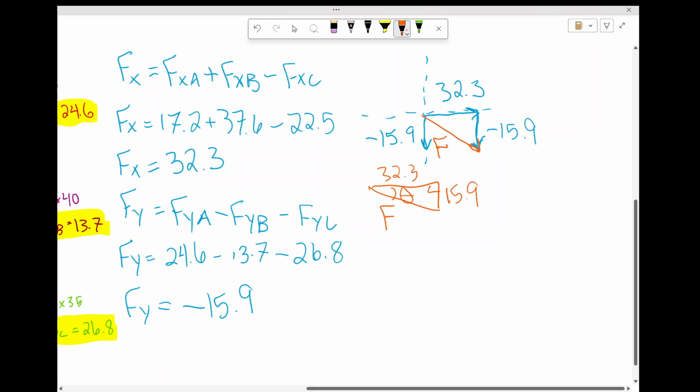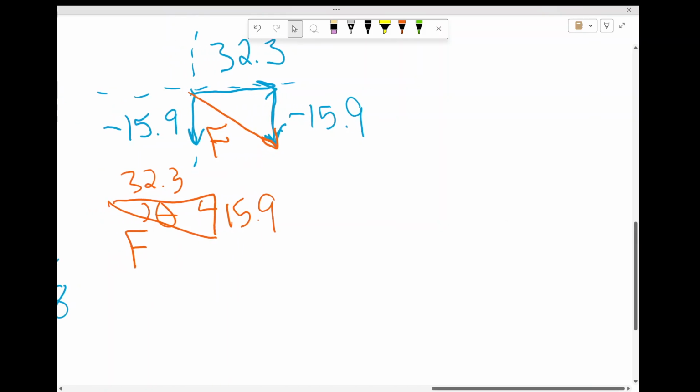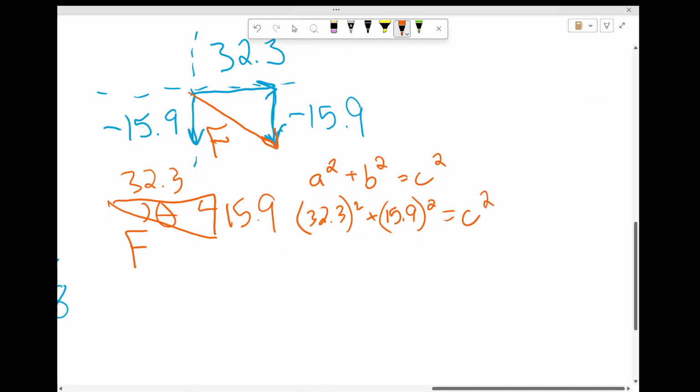So we need to do two things. We need to figure out the actual value of F, and then we need to figure out its angle. So for the value of F, we can use a squared plus b squared equals c squared. We'd have 32.3 squared plus 15.9 squared equals c squared.